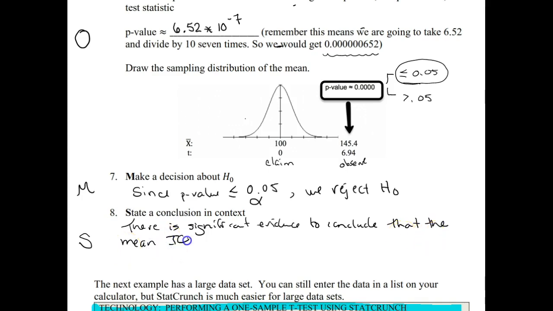So the mean IQ score for all famous people exceeds, or is greater than, which means the same thing, exceeds 100. So again, we only looked at data of 20, but the data in just those 20 data points was so overwhelming that we could conclude that we think it's true for all. That the mean IQ score for all famous people would also exceed 100.